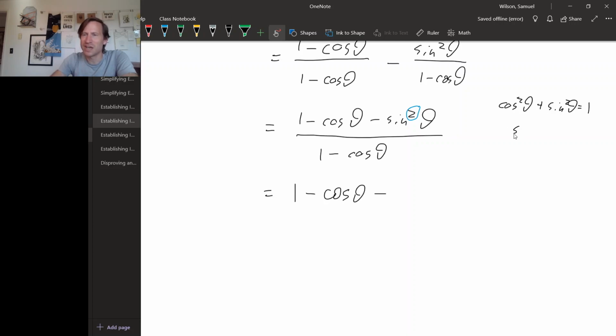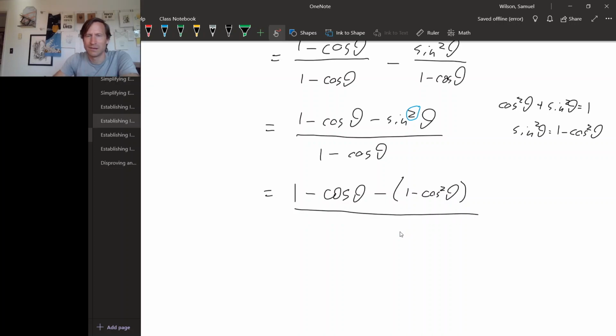And we can rearrange that to see what it says about sine squared theta. So sine squared theta is 1 minus cosine squared theta. So we can replace this part in here with 1 minus cosine squared theta, all over 1 minus cosine theta.